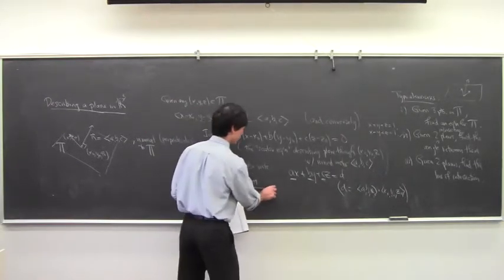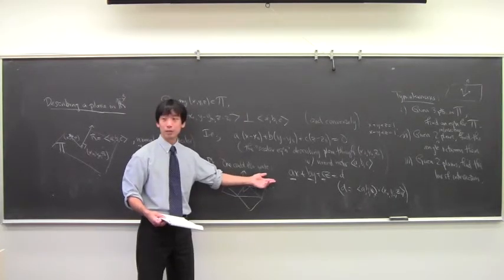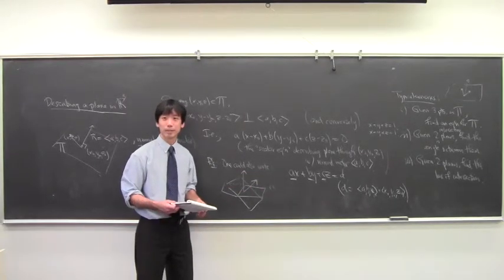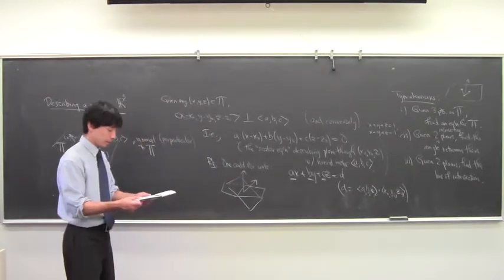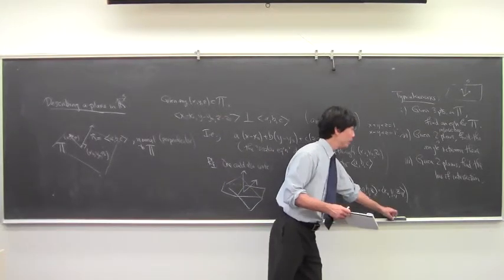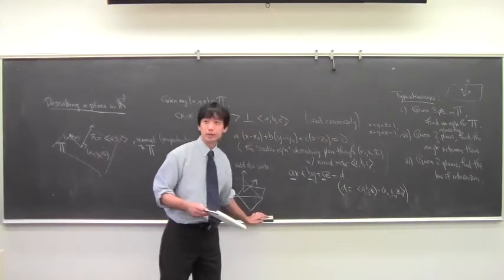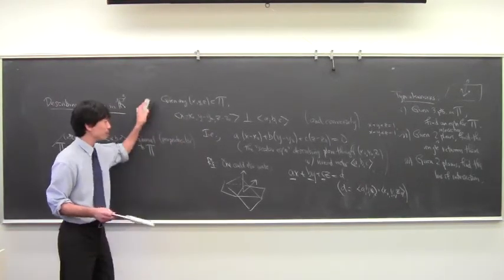The cosine, recall, is the dot product over the product of the magnitudes. Okay. Any questions? So we're not going to do it out because it's just busy work.